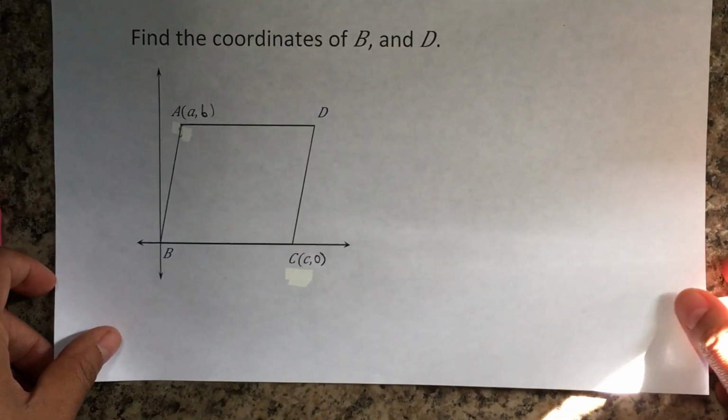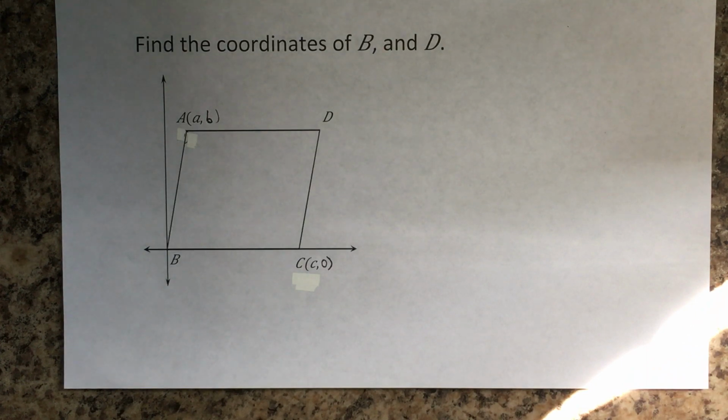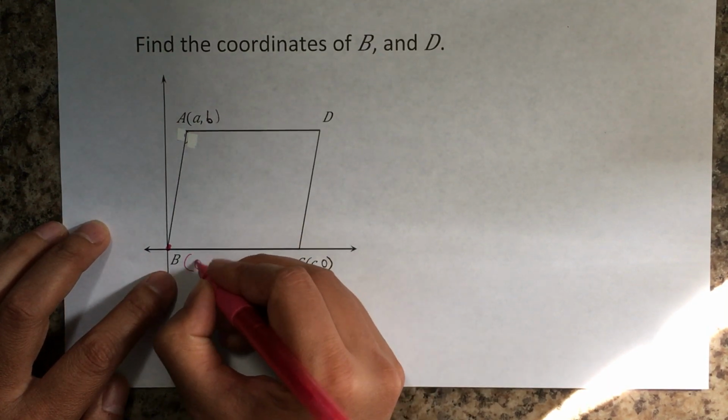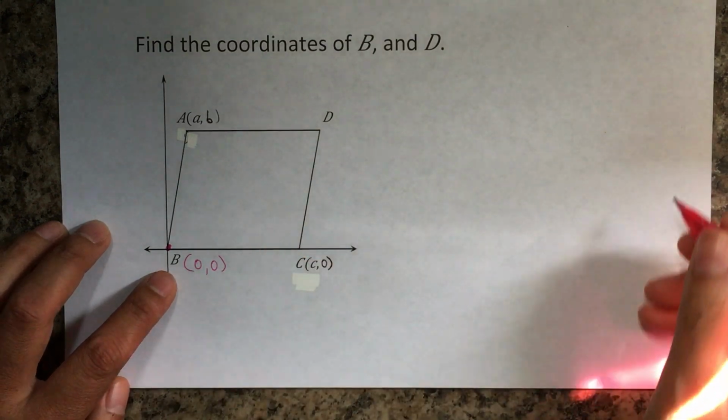Okay. It's getting a little bit more complex. So it says find the coordinate of B and D. For B, again, easy, because it's at the origin, so it's 0, 0.